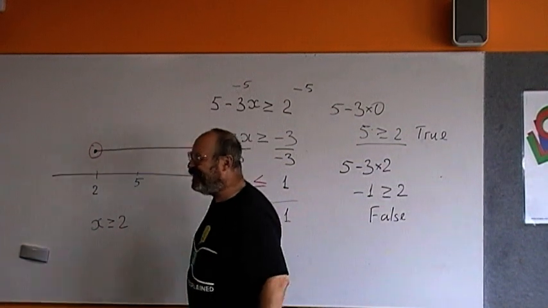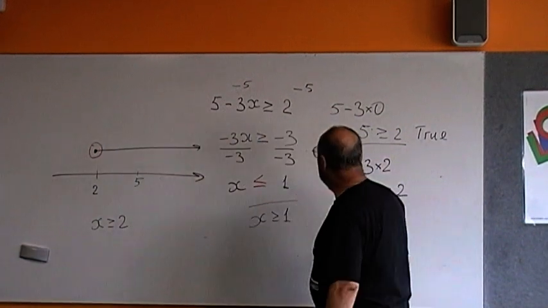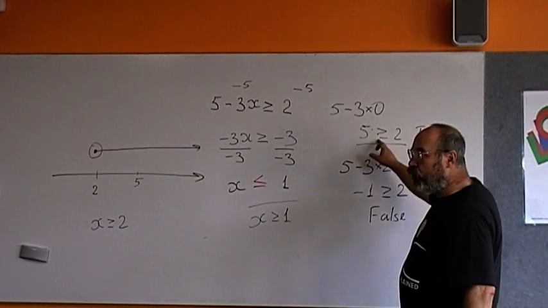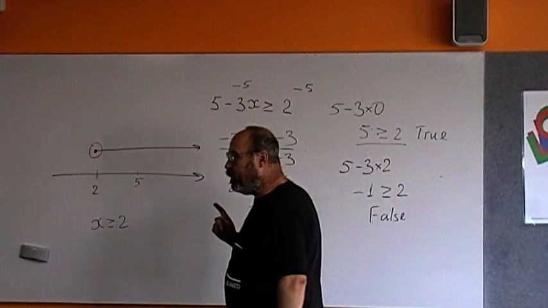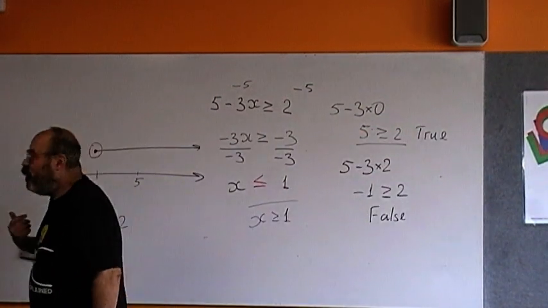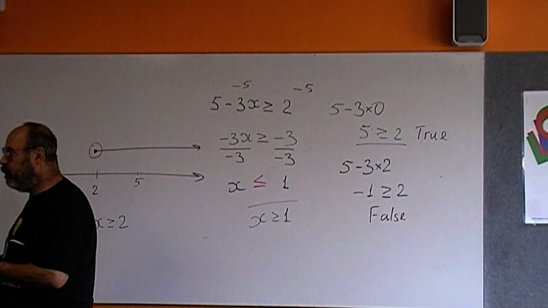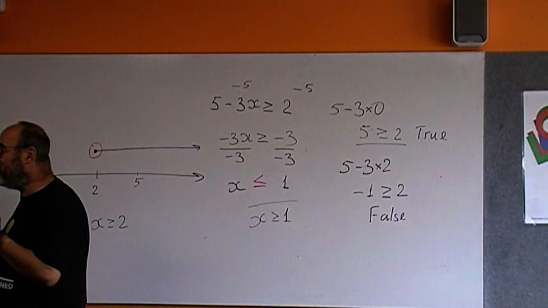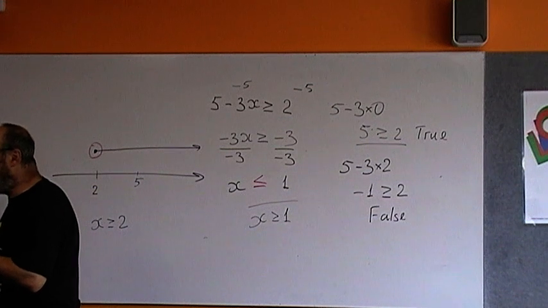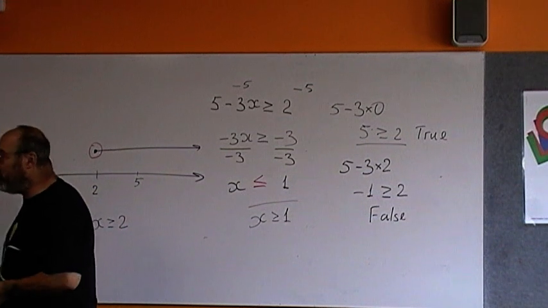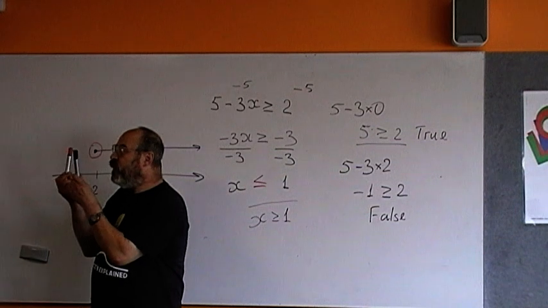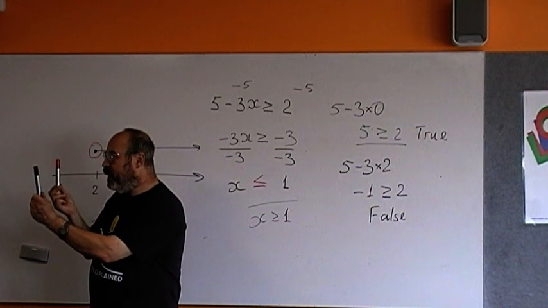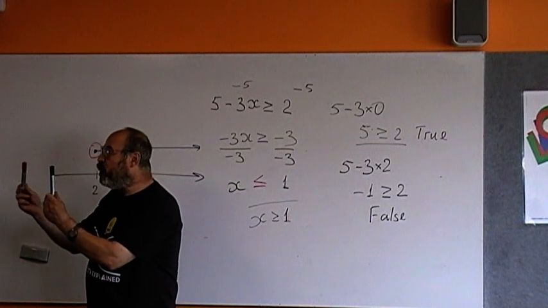But then how come 5 is greater or equal to 2? It says or. 5 is not the same number as 2, but it says or. If I say you can choose black or red, will it be true?